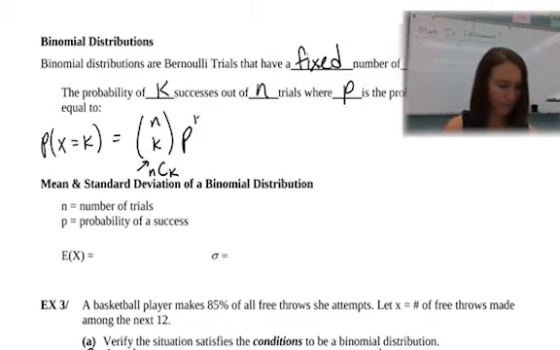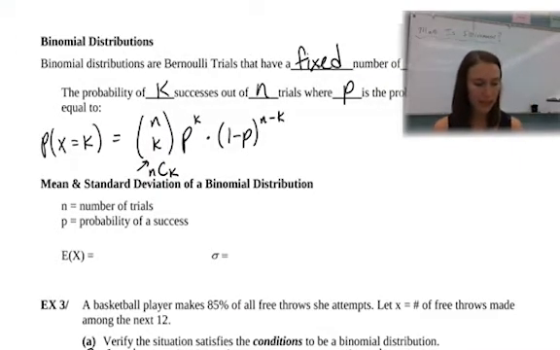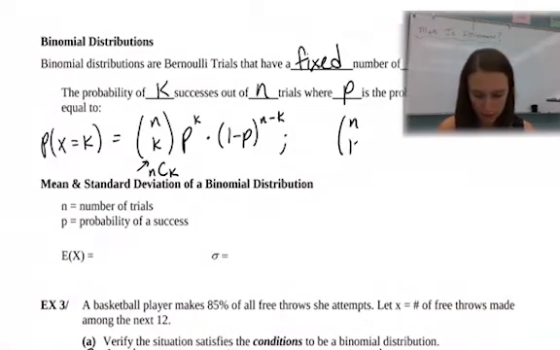P to the K power times 1 minus P to the N minus K power. So remember, 1 minus P is the probability of failure. If K is the number of successes, N minus K is the number of failures. And again, this NK is not a fraction. I'm not just forgetting my fraction bar.